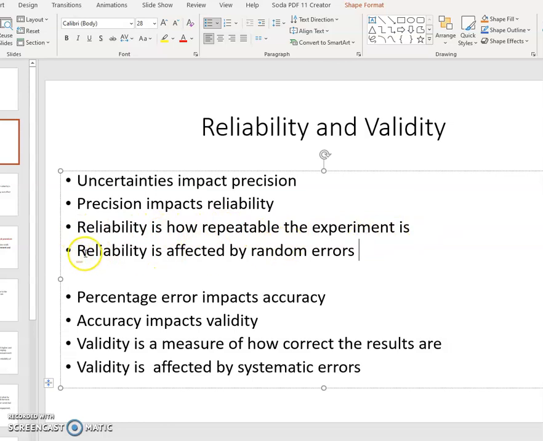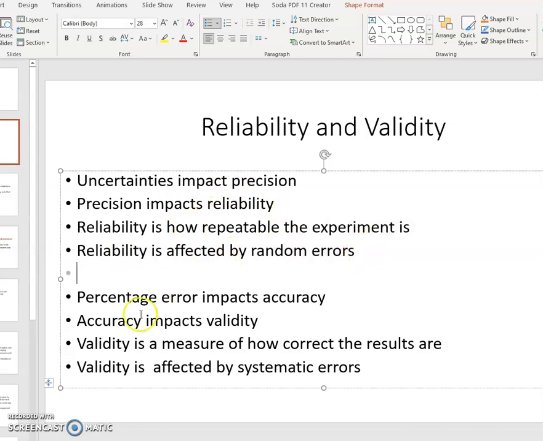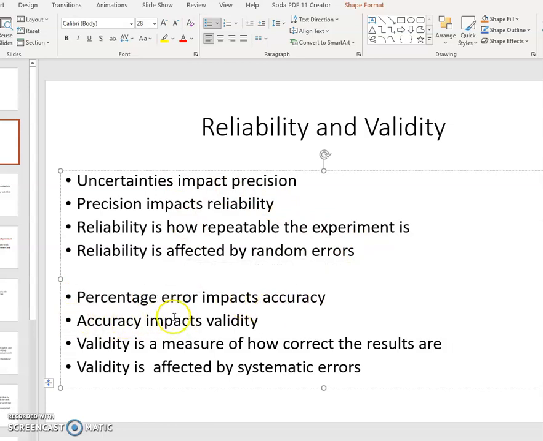Okay, and this reliability is affected by random errors. Okay, and percentage error impacts accuracy.